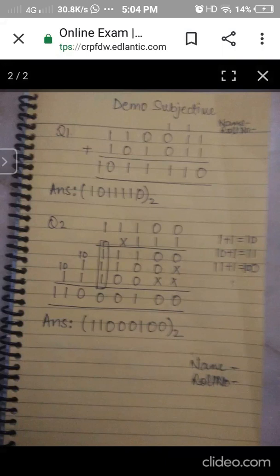The content is not clearly visible. It means I have not clicked the picture properly. You don't have to move your camera or your phone while clicking the picture. You have to keep it still and make sure one more thing, that the light should be enough in the area. It can be sunlight, it can be a tube light. Light should be enough in the area where you are clicking the pictures so that you can click a clear picture.